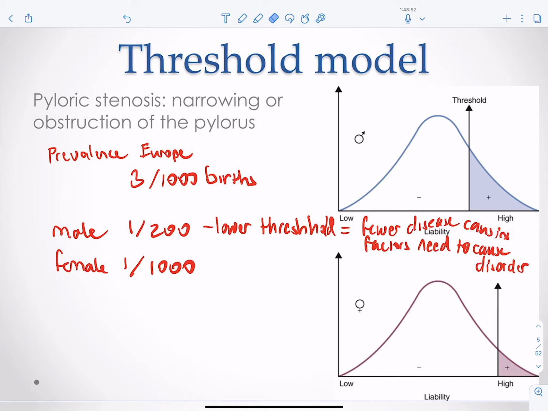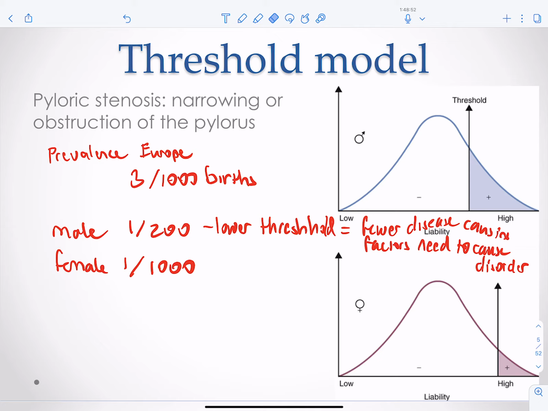Males have a much lower threshold, because 1 out of 200 males are affected. Females have a much higher threshold, because 1 out of 1,000 are affected. So females need more disease-causing influences to cause the disorder, and males need fewer.